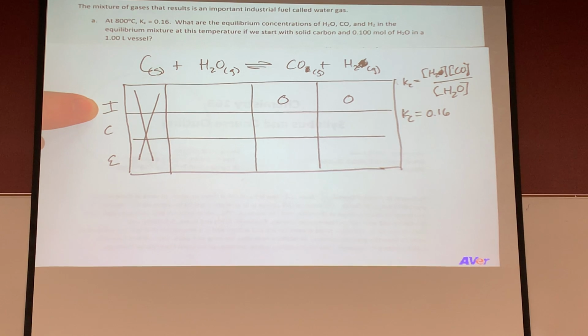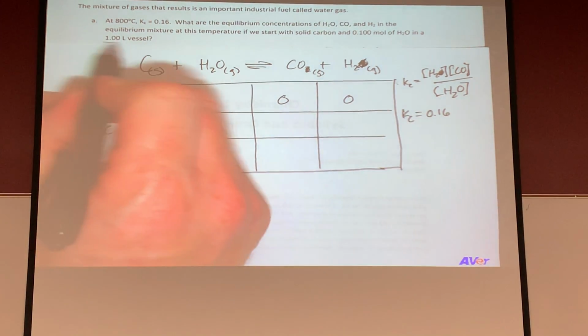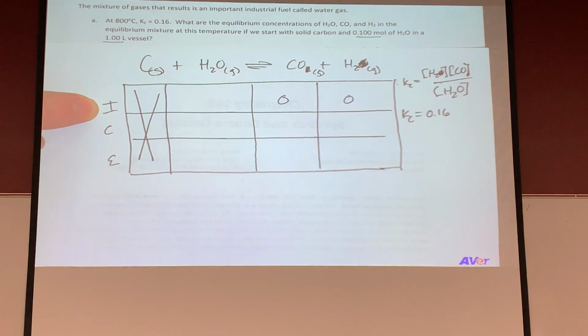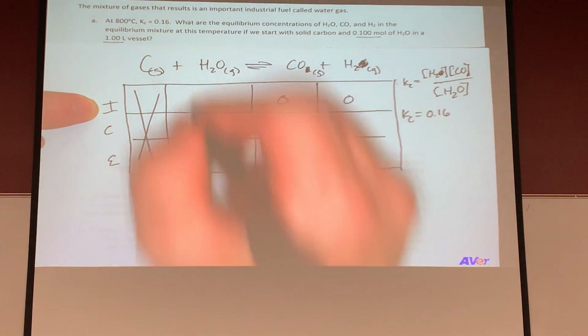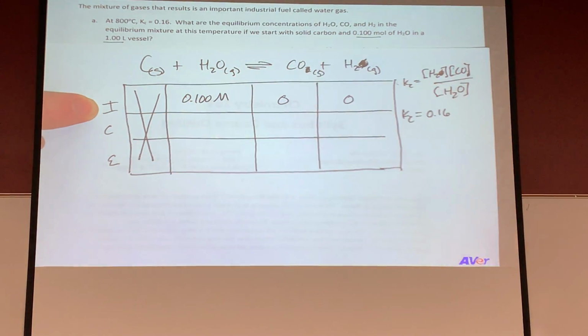Just fill that in. Okay. And then you read down a little further, and it's nice, it gives you a 1 liter vessel, and it gives you 0.1 moles of water. Your concentration here is 0.100 moles. You get 0.1 divided by 1, 0.1. Okay. Any questions at this point, just this point?